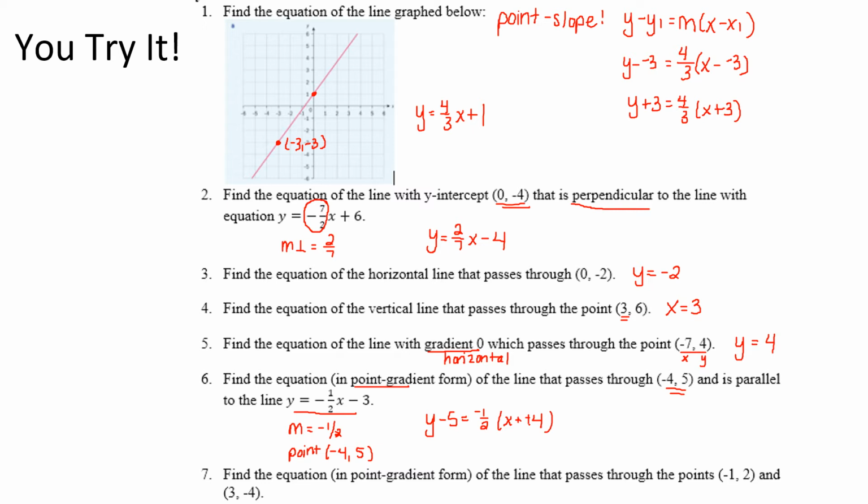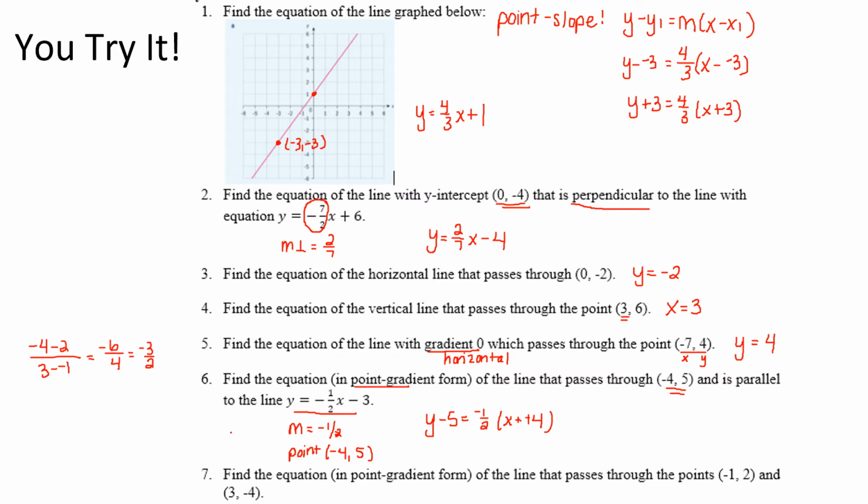Number 7 also asks for it in point gradient form. This time they gave me 2 points. So the first thing I have to do is get my slope, and I'm sorry, I don't have any room, so I'm going to write mine off to the side. I have to do the slope first: -4 minus 2 over 3 minus -1. So we get -6 over 4, which reduces to -3/2.